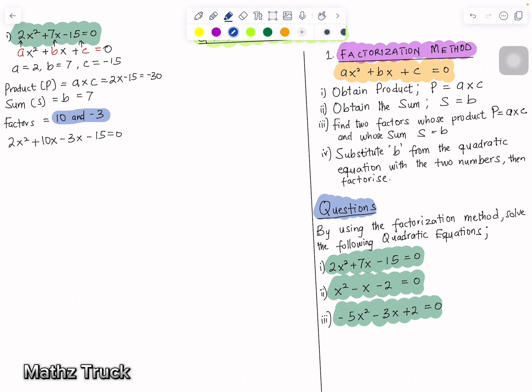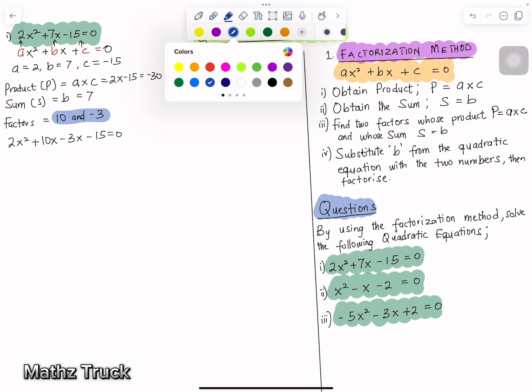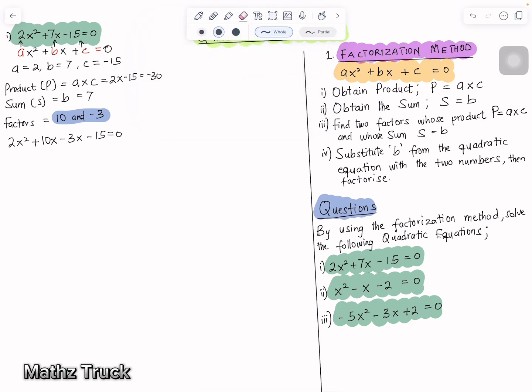So we have the two factors, remember, 10 and negative 3 in here. So 10x minus 3x still gives you the positive 7x in the question. So we continue by putting all these expressions in different brackets as I do it.